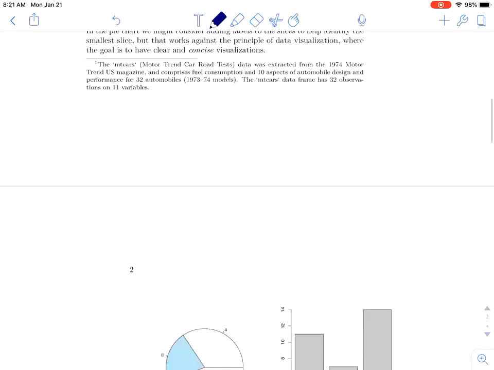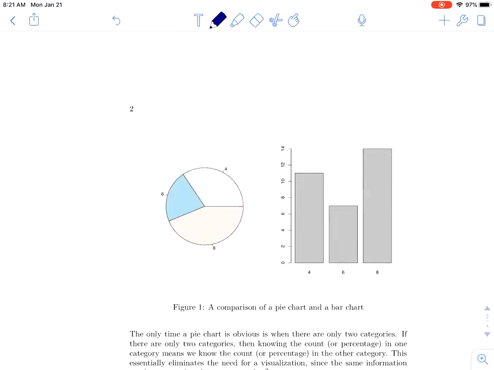Another thing, pie charts are really only glaringly obvious if you only have two categories, right? So 70% males, 30% females. But something like that, you could just represent with one number, right?